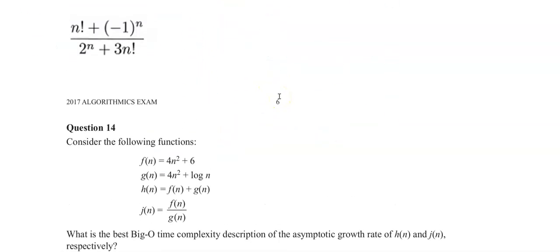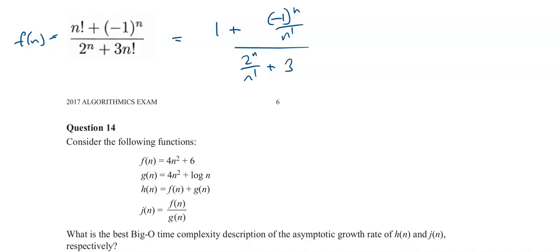Okay, and the last one before we look at the exam question, dividing by n factorial again. So we would have, I should have put those in first, shouldn't I? Oh well, whatever. Equals 1 plus -1 to the n over n factorial over 2 to the n over n factorial plus 3.